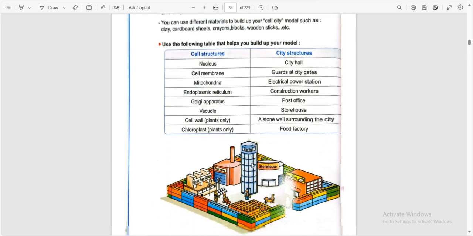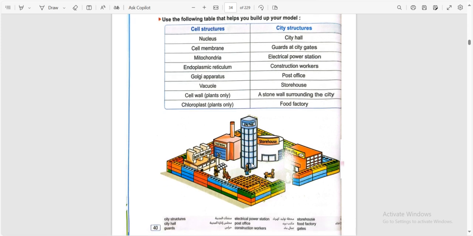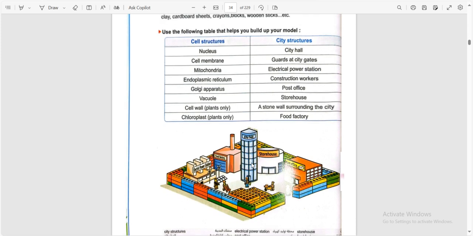In this part, we imagine that a city is like a cell. So the city hall is like the nucleus, and the guards at the city gates are like the cell membrane, while the power station is like the mitochondria, because this is the main source of energy, and the construction workers are like the endoplasmic reticulum, moving things inside of the city, and the endoplasmic reticulum moves things inside of the cell.